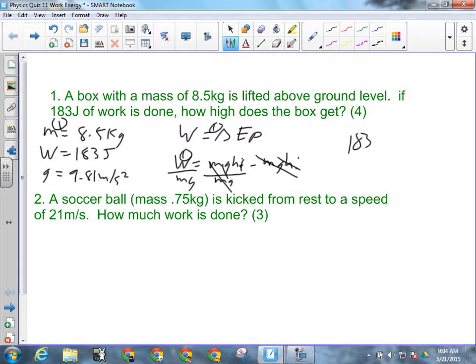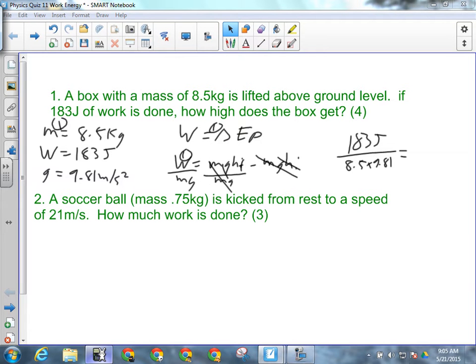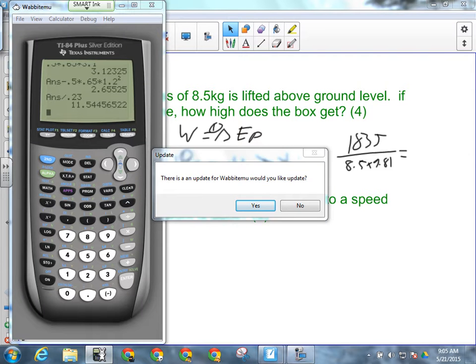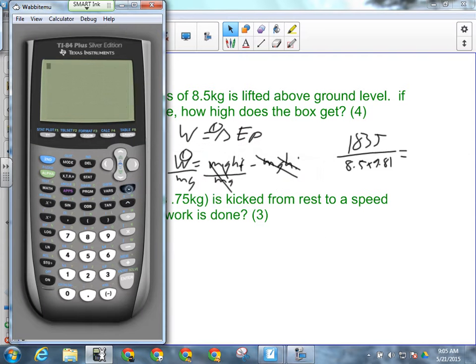So 183 joules divided by 8.5 times 9.81. All right, so the box gets to a height of 2.19 meters.